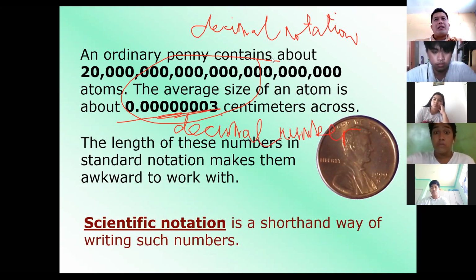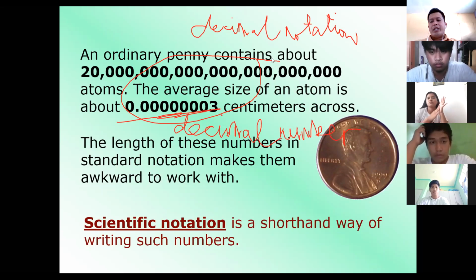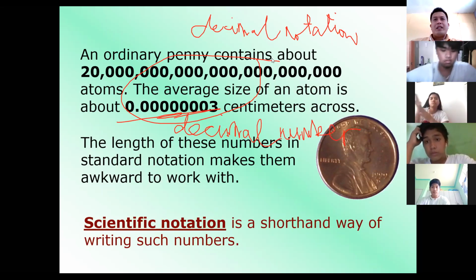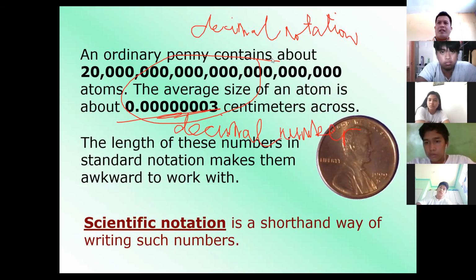Decimal notation is the notation that we usually use as of the moment. This is based on the Dewey Decimal System, which is in base of 10. Computers simply use the binary notation. Now, since computer language is understood only by ones and zeros, di ba? 0 and 1. No, not 1 and 2 pala. 0 and 1. 0 is off, 1 is on. Di ba?